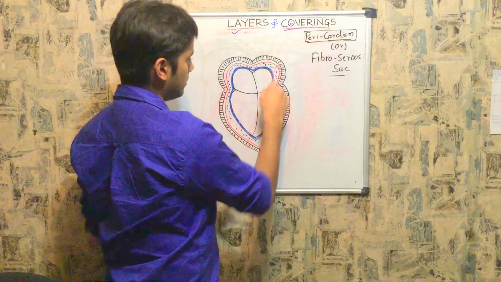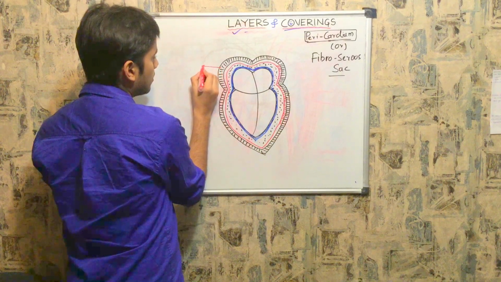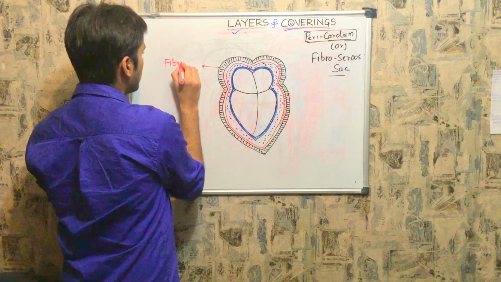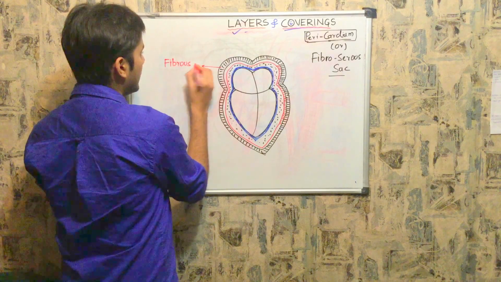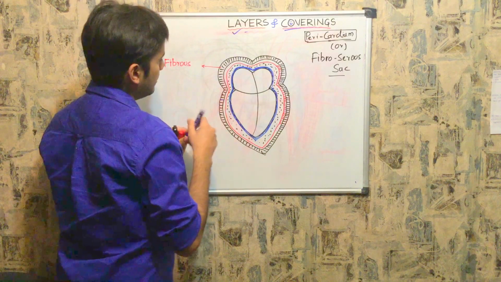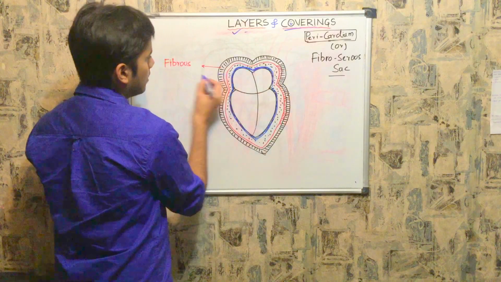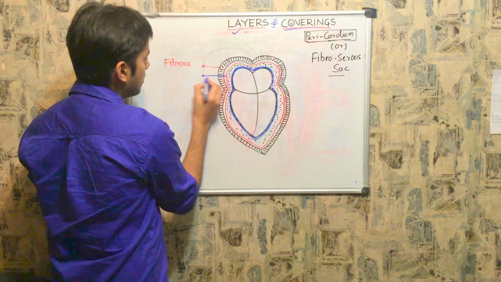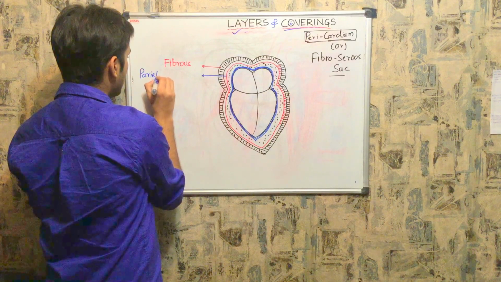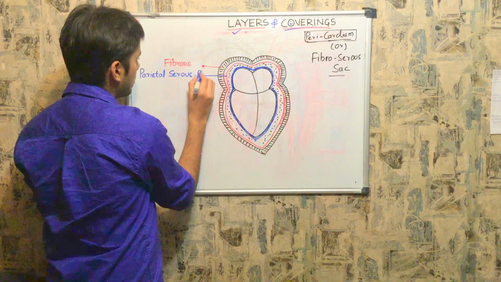First, let me mention all these names. This outermost tough coat you call the fibrous pericardium. Beneath that fibrous pericardium, you have this red colored layer, which is completely apposed to the fibrous pericardium. This is your parietal serous pericardium.